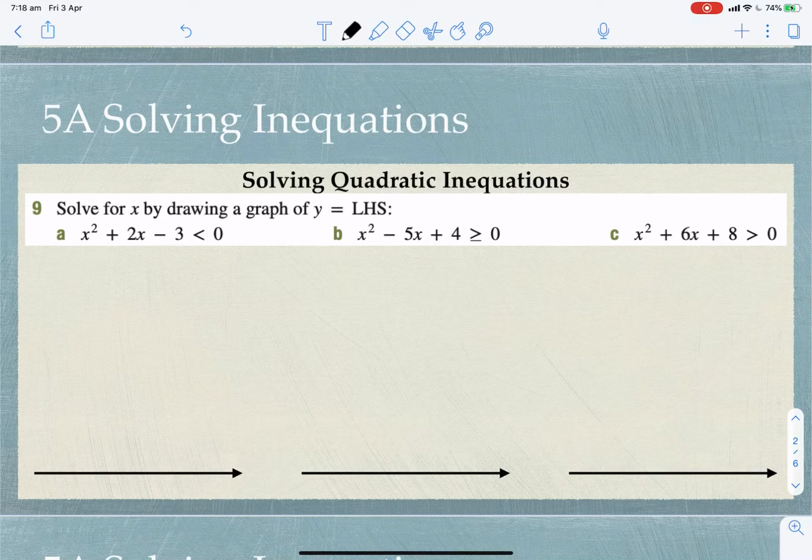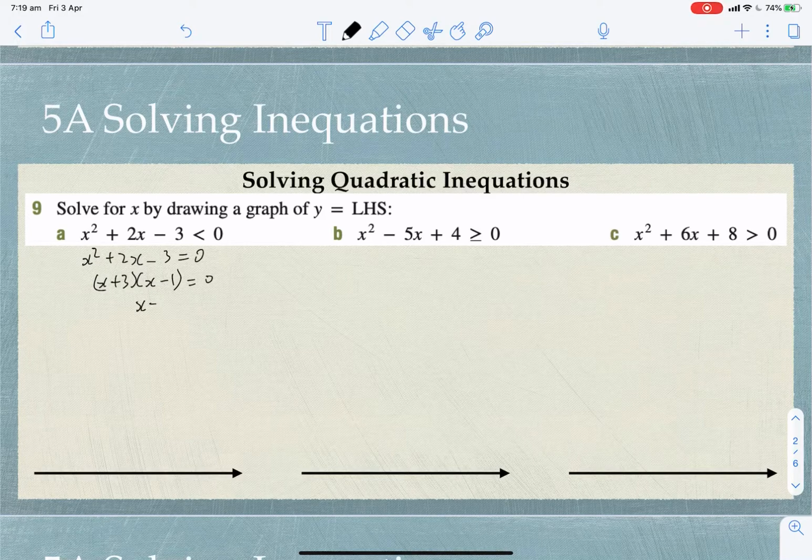So we've got x squared plus 2x minus 3. Let's solve x squared plus 2x minus 3 equals 0 first. That factorises to x plus 3, x minus 1 equals 0.